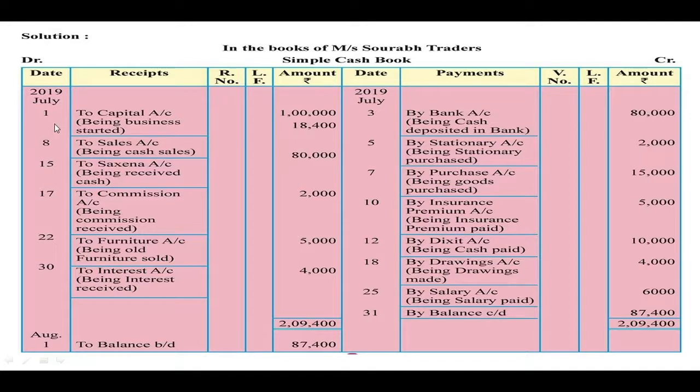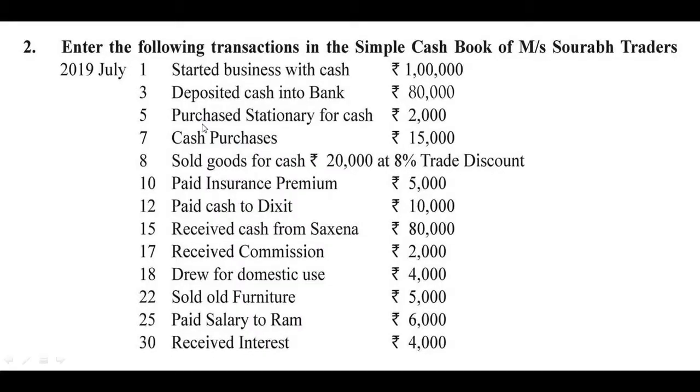We have to write the date. Then in the receipt column we have to write to capital account, and amount in the amount column you have to write brief explanation, that is narration starting with the word being. So being business started.